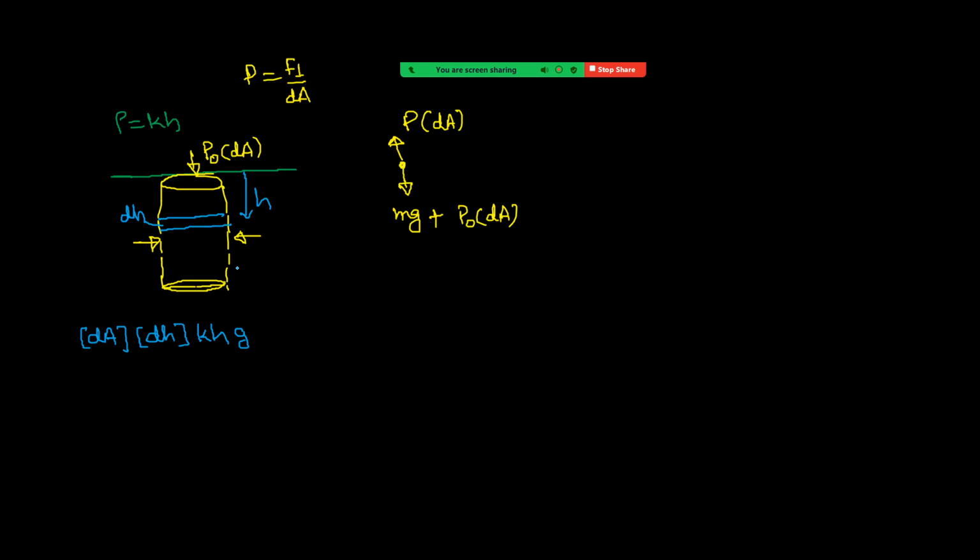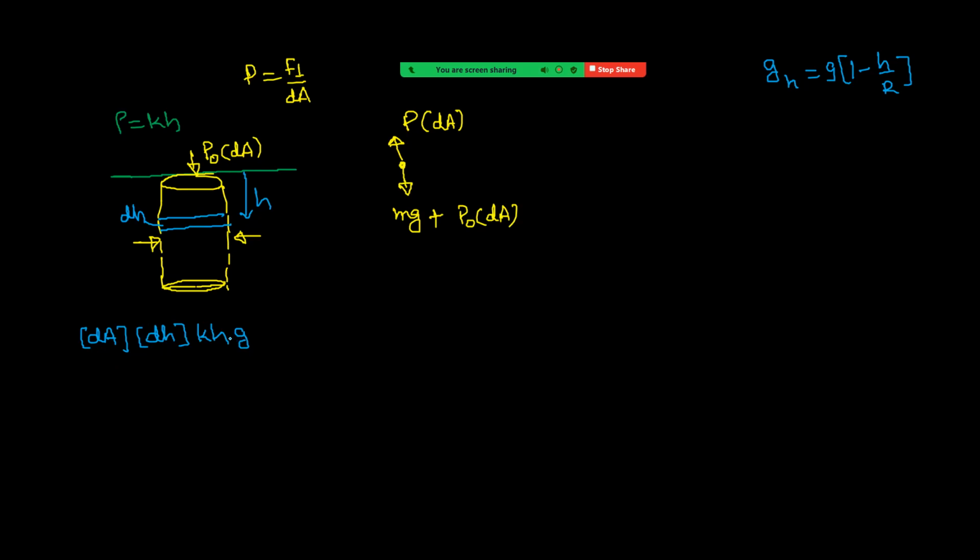We have learned in gravitation that g changes with depth: g on the surface into 1 minus h by R. But here we are taking the assumption that this depth is very small, so that g is a constant. Cross-check once: area into thickness is volume, into density is mass, into g is the weight of that layer.